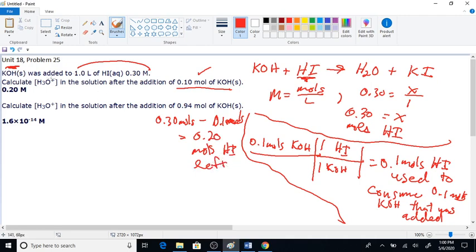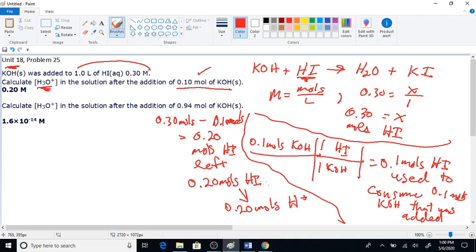Well, we need the concentration of this. If you recall, the concentration in molarity, so we need to turn this to molarity, so 0.2 moles of HI, and that is 0.2 moles of H's and 0.2 moles of I's.